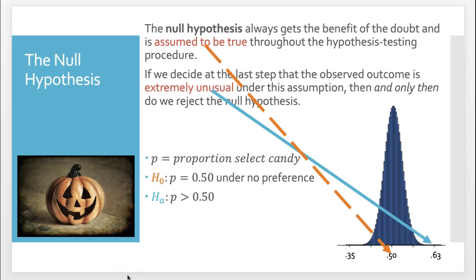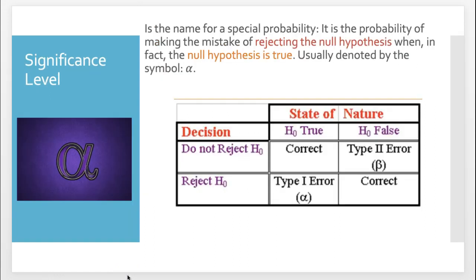But really, this is the funny thing with hypothesis testing: we assume the null to be true, and then we make a decision. Okay, so once we have established our null and alternative hypotheses, we need to state the significance level of our test.